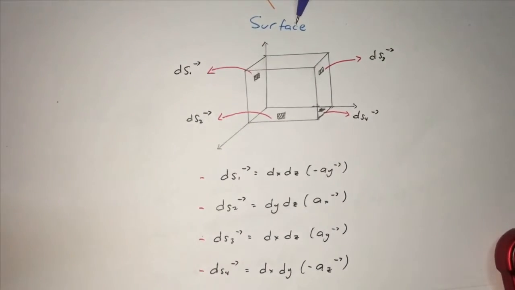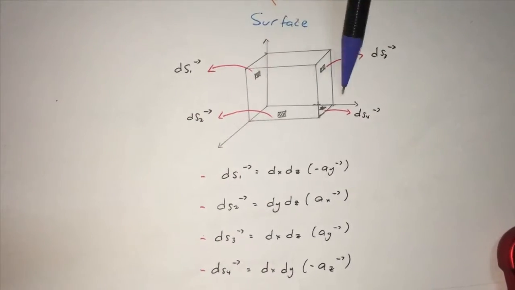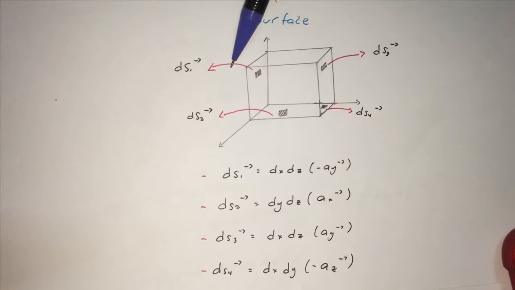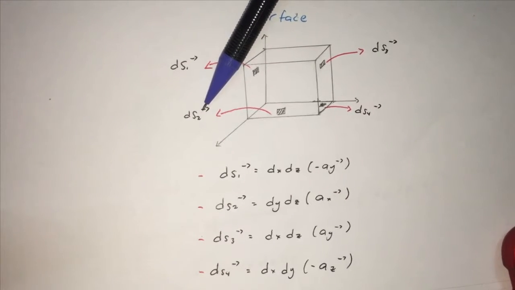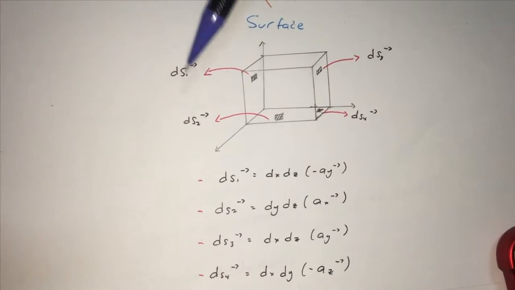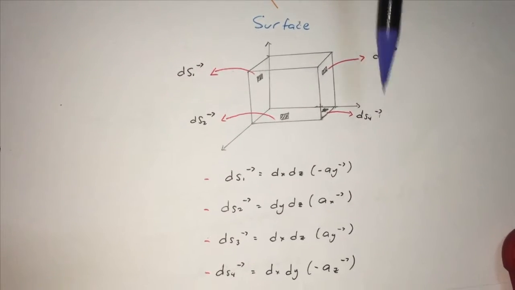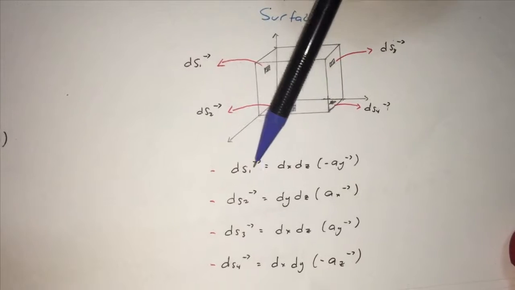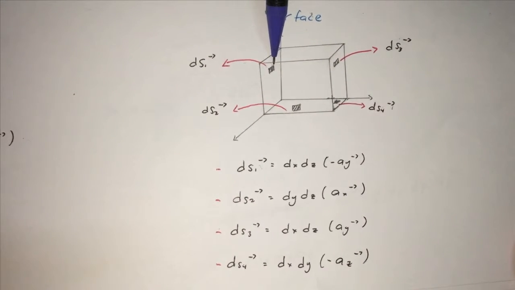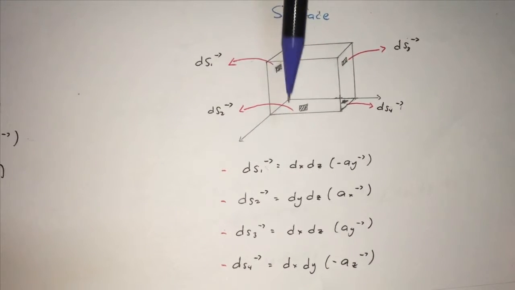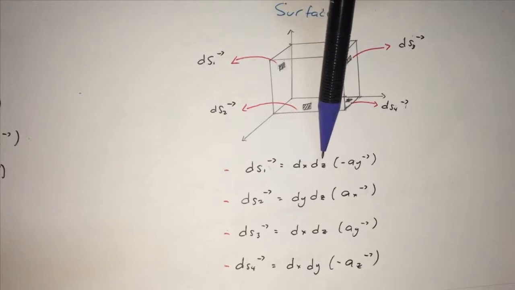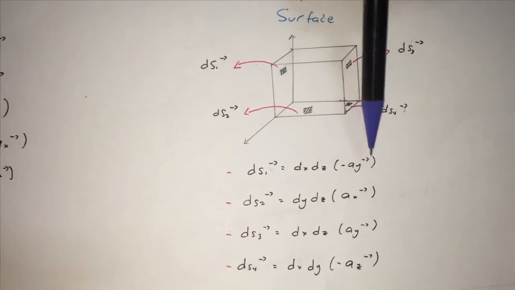For differential surface for Cartesian coordinate, I have 4 examples. That is ds1, d surface 1, d surface 2, d surface 3, and d surface 4. For d surface 1, this point, we will get dx, dz, negative ay.